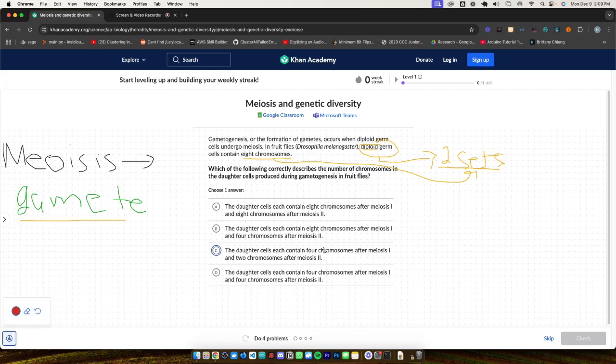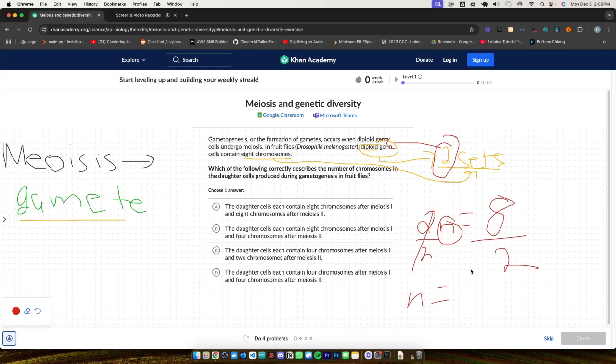So if two sets of chromosomes equates to 8 chromosomes, basic math will tell us that if 2 times a number gets us 8, that number will be the amount of chromosomes for one set. It's pretty simple, but we would get 4, right?